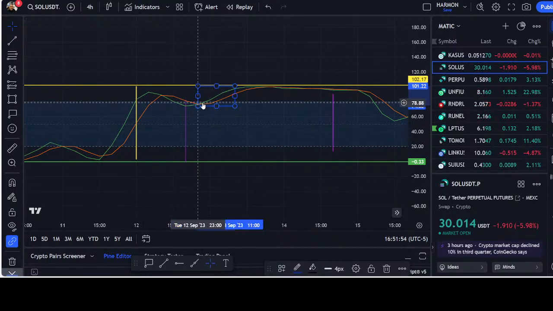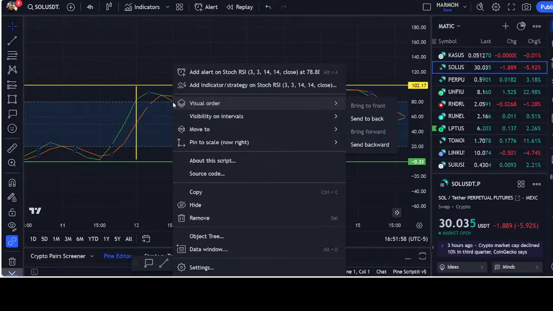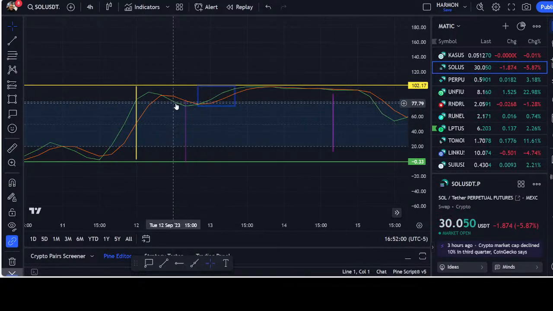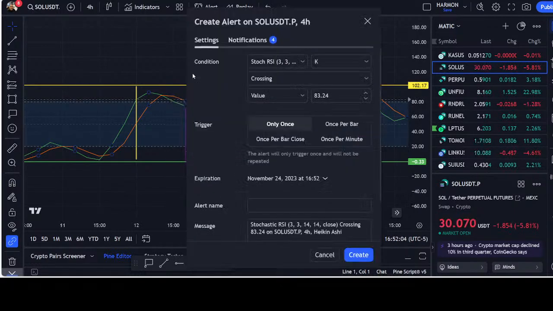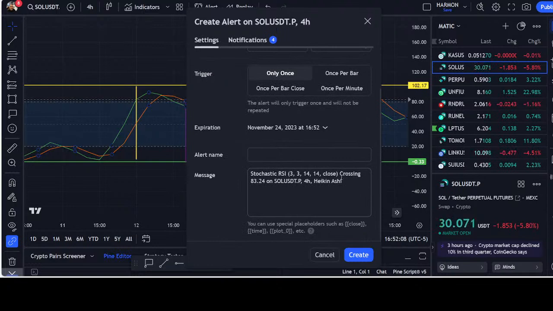And how you would get that is you simply right click, and what I'm doing is going to my RSI. I would add an RSI here, and you can see that it's the stochastic crossing on the 4 hour. And all I'm going to do is get rid of all these numbers here, so that when I see this, I know that it's the RSI on Solana on the 4 hour.